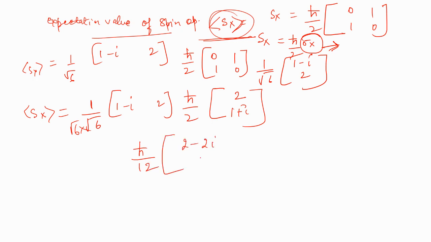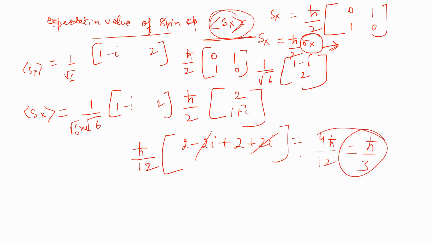This 2 minus 2 iota, then 2 minus 2 iota plus 2 plus 2 iota. This will cancel. This will be 4 h cross by 12, and it will be h cross by 3. So h cross by 3 will be the answer.